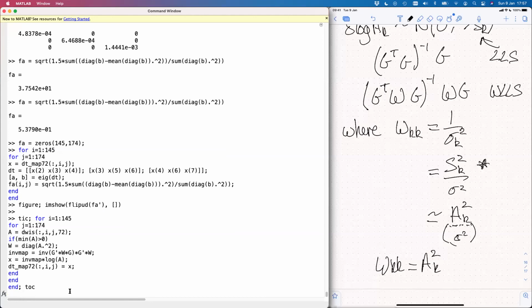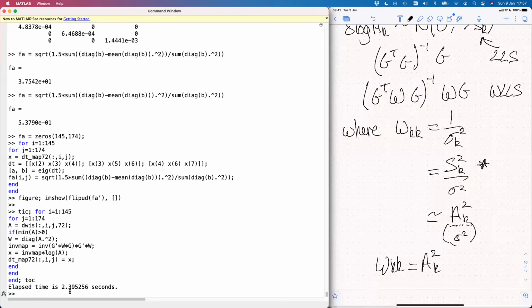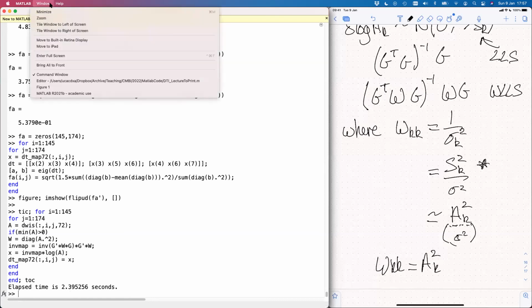Just for good measure, I'll do the tick-tock. And you'll see that it takes a bit longer this time because we're computing this more complex matrix and inverting it.